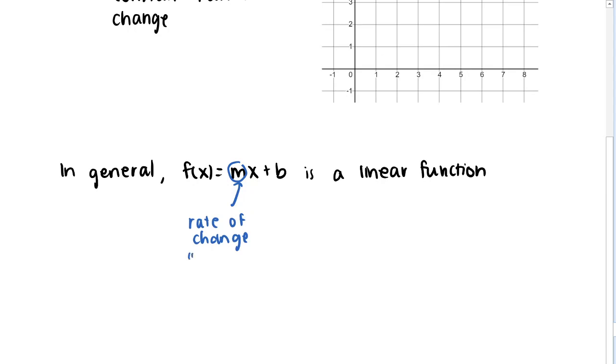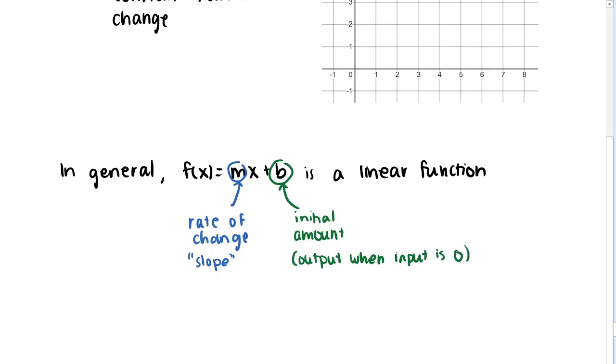Sometimes this also gets called the slope. We also noticed that there's this constant term added on, and this corresponded to some sort of initial value. Really, it's the output when the input is 0.